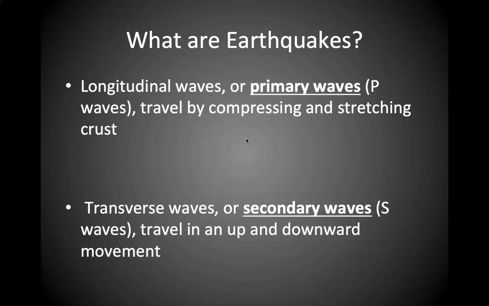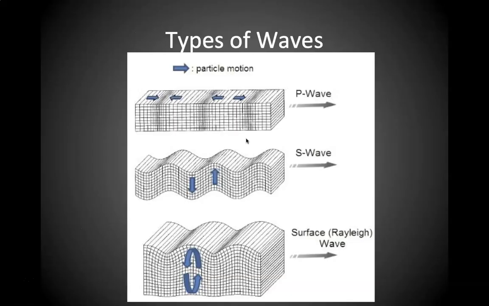They will travel more up and down, so more on the y-axis of the movement of the waves. So when we relate these two to each other, we call the longitudinal waves primary waves because these are the first energy waves sent out from the earthquake. They travel faster and they reach other destinations first. The transverse waves or the secondary waves are the ones that hit second after that.